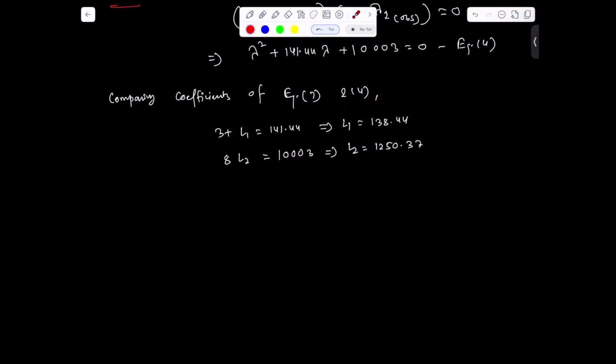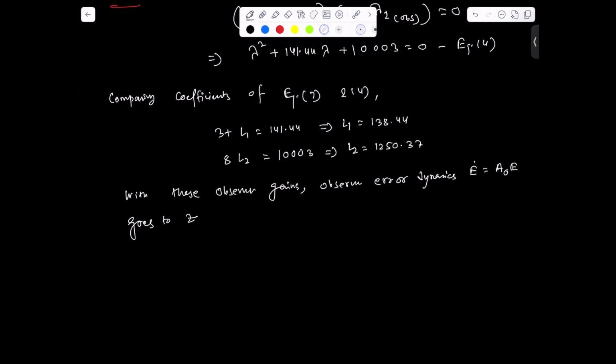So if you do the MATLAB simulation with this observer, with these observer gains, the observer error dynamics, which is E dot equal to A naught E, goes to 0 as t tends to infinity.